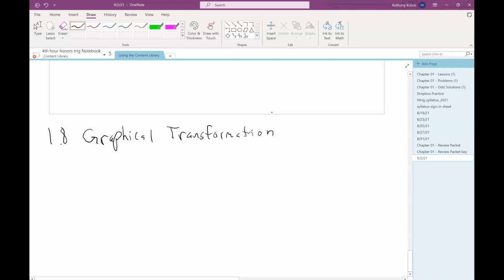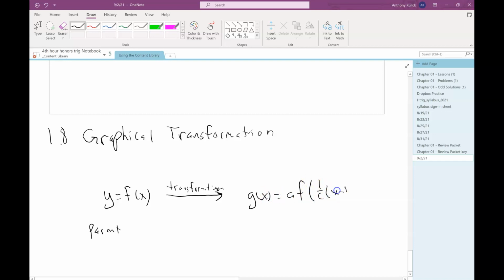The big idea here is that we can create these families of functions that are based on some parent function, like y equals f of x, and then we do some kind of transformation to it, and we get this new version of f of x called the resultant function.